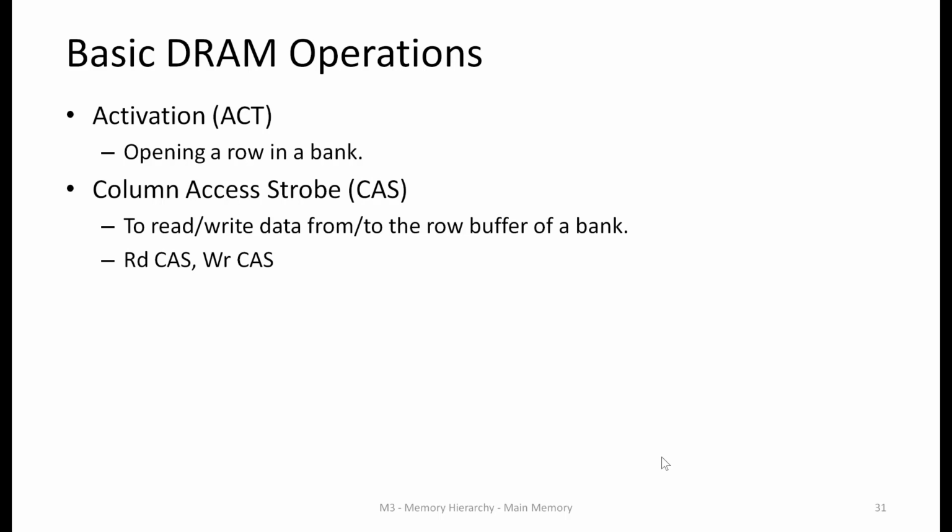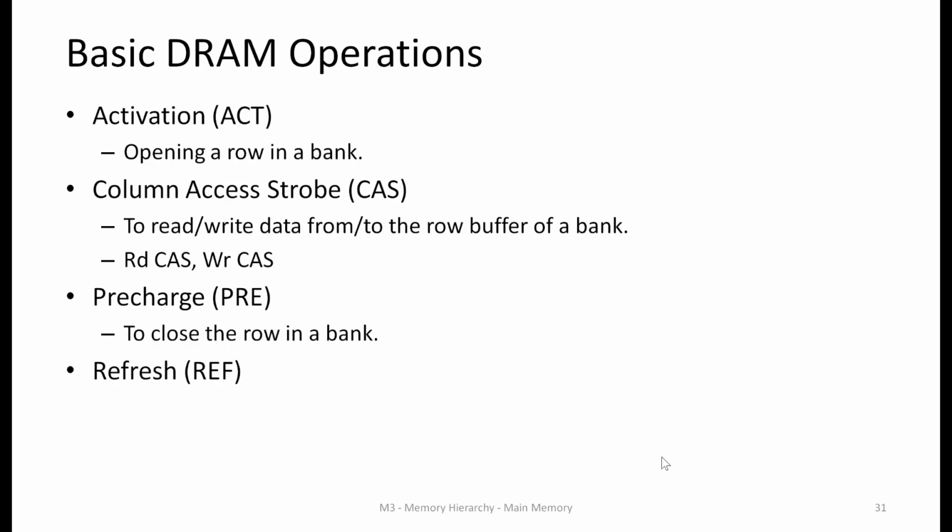Accordingly, we have a read CAS and a write CAS. We have a precharge operation which will basically close the row in the bank, and we have a refresh operation which will refresh some predefined number of rows in that bank. So these are the typical commands the memory controller can send to the actual DRAM bank.